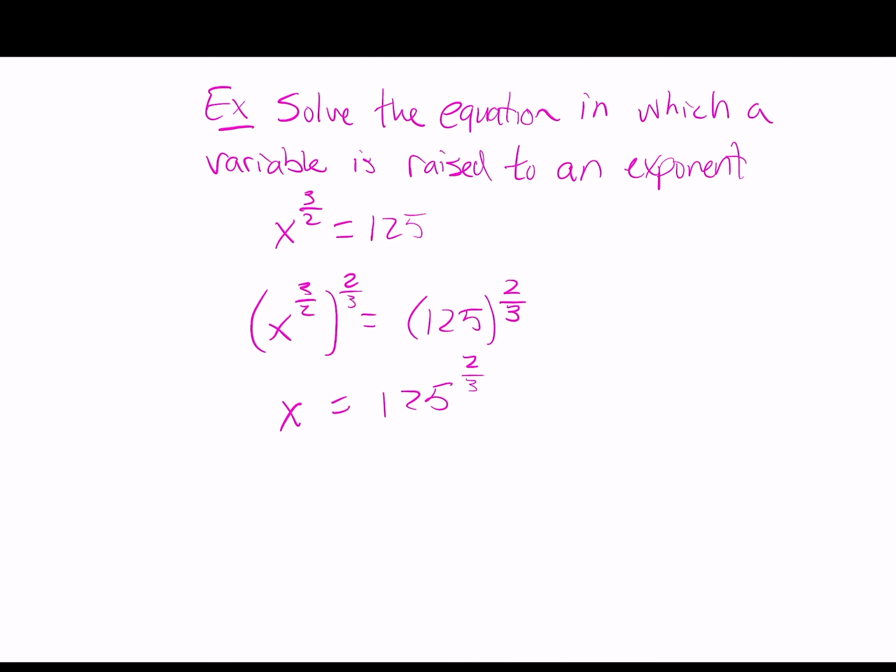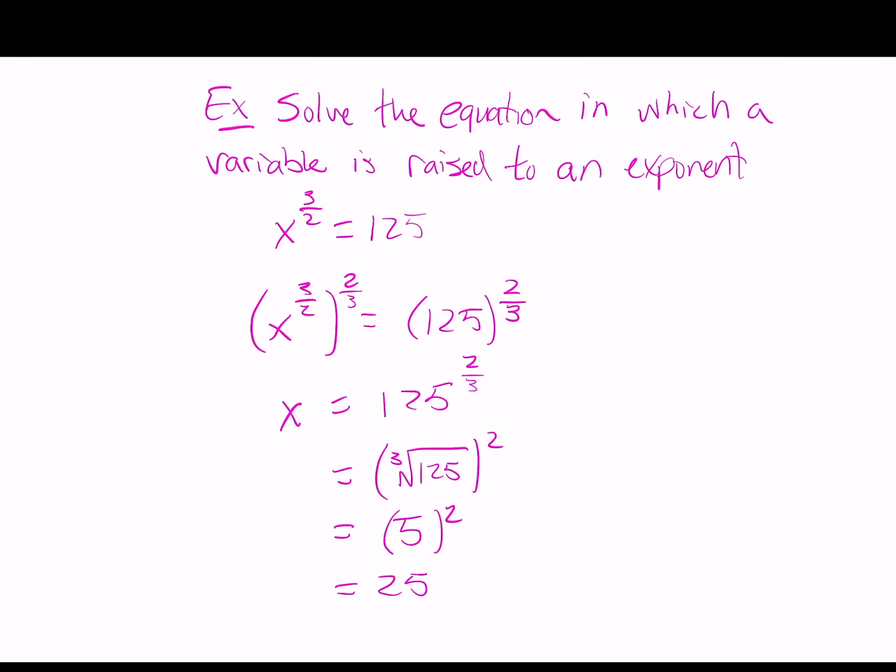Well, how can we rewrite that in a way that makes sense? We can take the cube root of 125 and then raise that to the 2nd power. The cube root of 125 is 5, and we can square that.